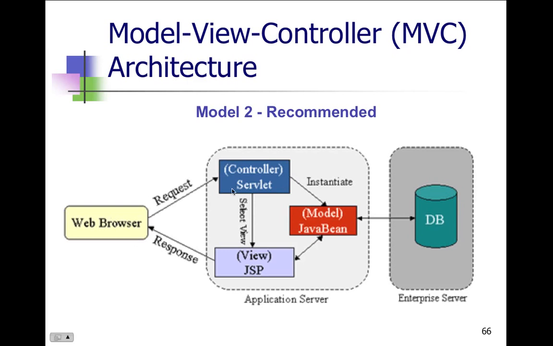The servlet would instantiate or use a Java Bean, and the Bean would attach to the enterprise server. In this example, we've got a persistent server with a database on it. The Bean here would be in charge of requesting information using a JDBC connection to the database.